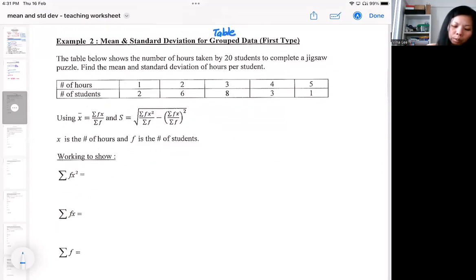So here there are two students who take 1 hour each. And here I got 6 students who take 2 hours each. So you must be able to do this kind of interpretation.